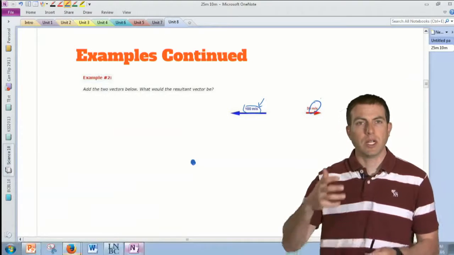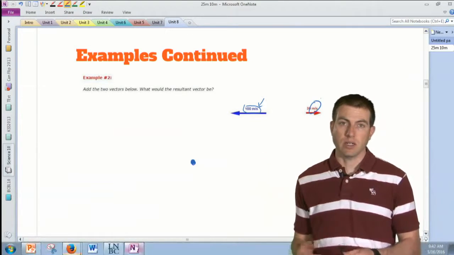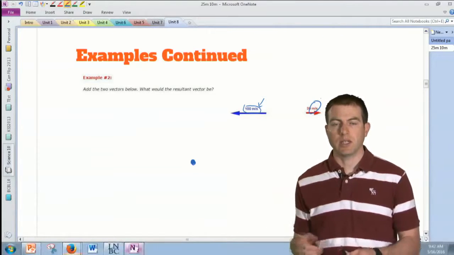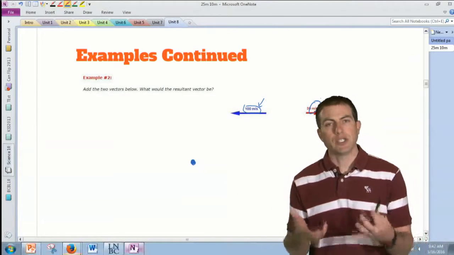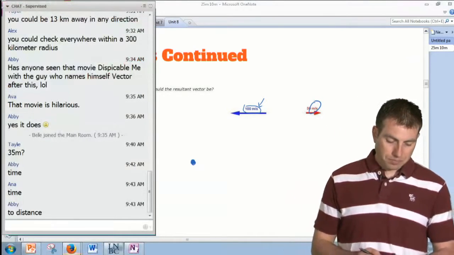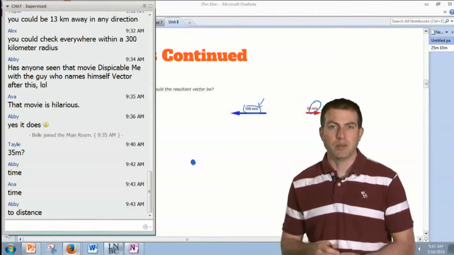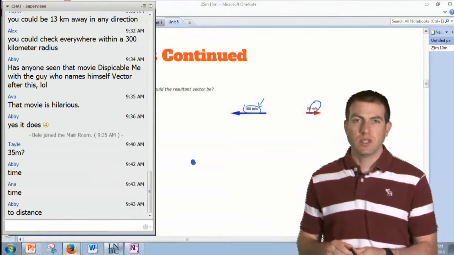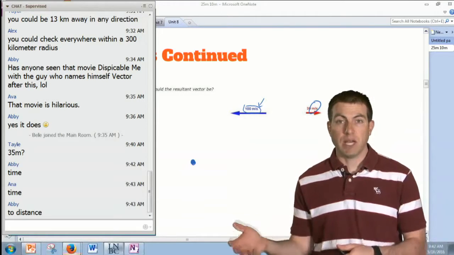What's the difference between 100 seconds and 100 meters every second, or 30 meters per second? Why not just say 30 seconds if they both measure time? So Abby, you've written in time to distance. Do we have a common word? You're right, but do we have a common word that we will use to describe how far I've traveled in a given amount of time?